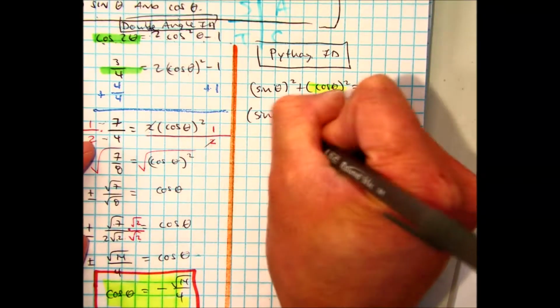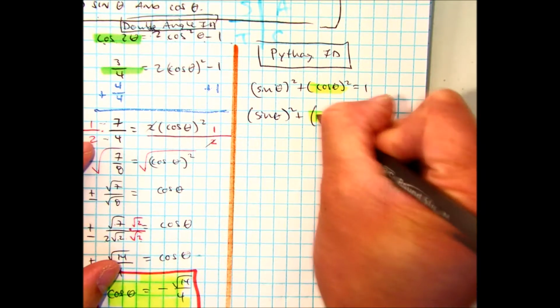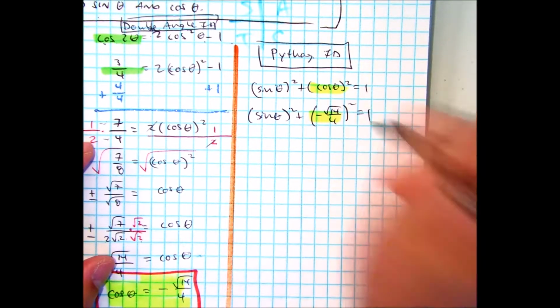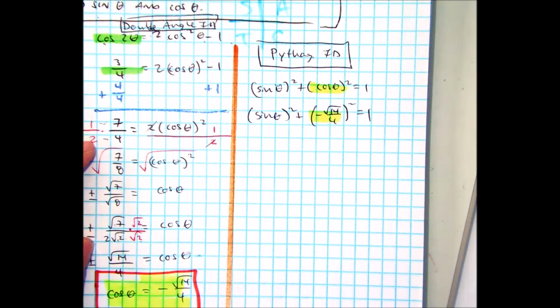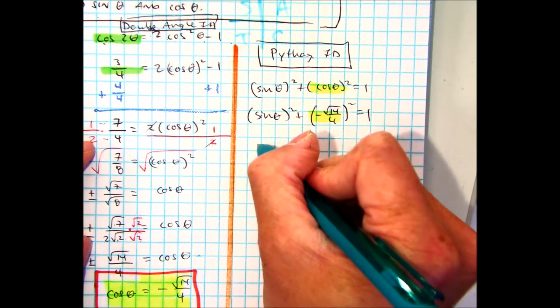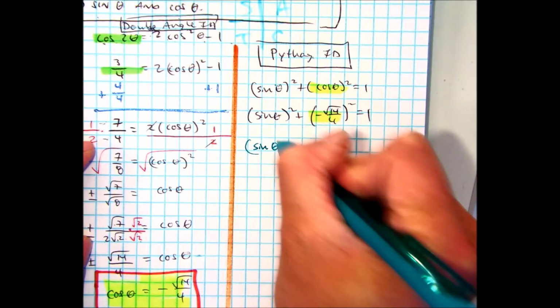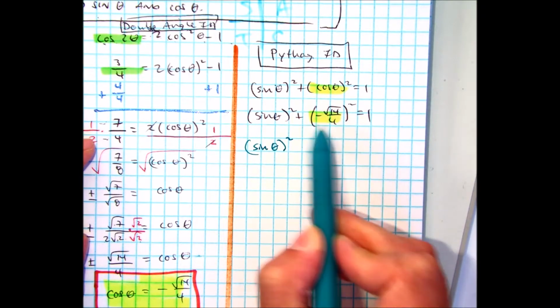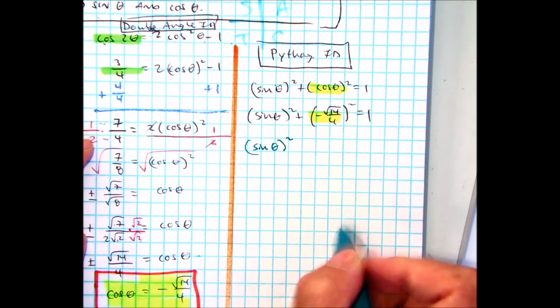Sine of theta squared plus negative radical 14 over 4 squared equals 1. I'm going to repeat this one here. Remember, this is this expression multiplied by itself. So class, what's a negative times a negative?